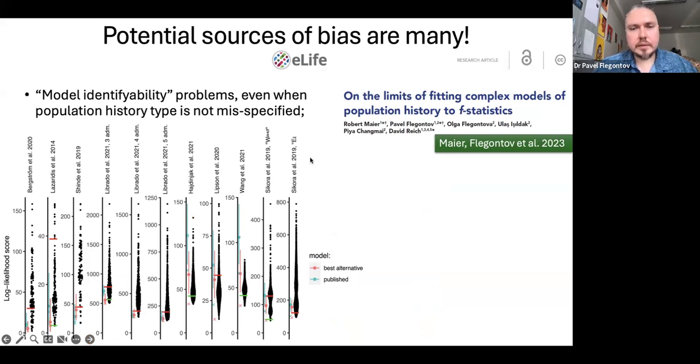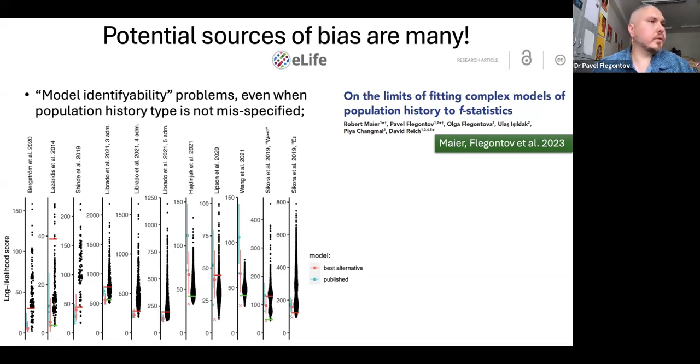And here's another illustration of this on real data. So we here show model fit scores, log likelihood scores, for newly found models on various published data. In all of these papers, there was at least one admixture graph model which was featured in the main text and which was used to support some of the main findings in that study.